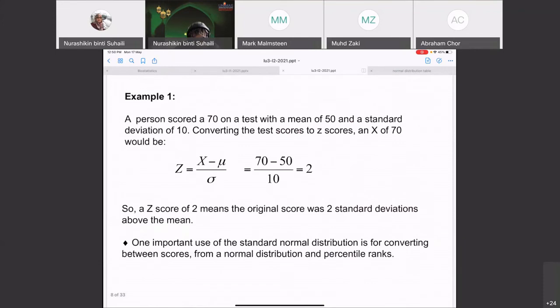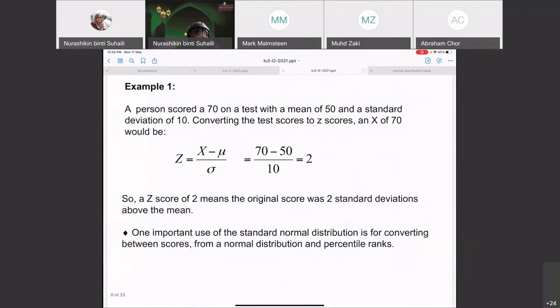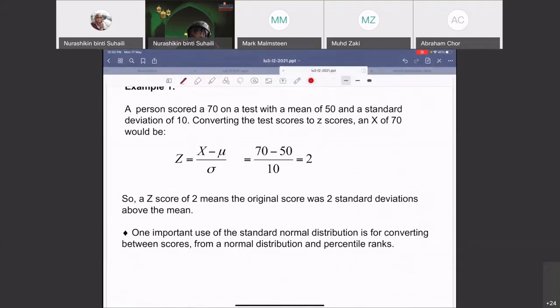Okay, so we have a very simple example here. A person scored 70 on a test with a mean of 50 and a standard deviation of 10. Converting the test score to a Z score, X of 70 would be, okay, so this is the information given, right? 70 is X. The mean here is mu, 50.